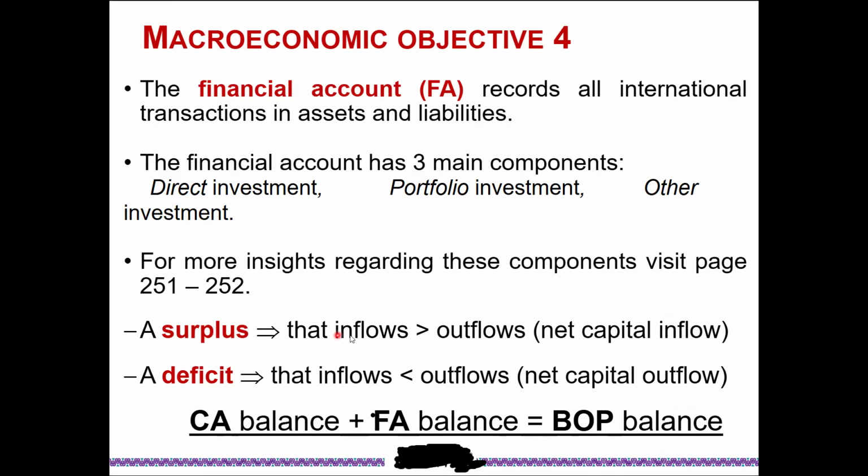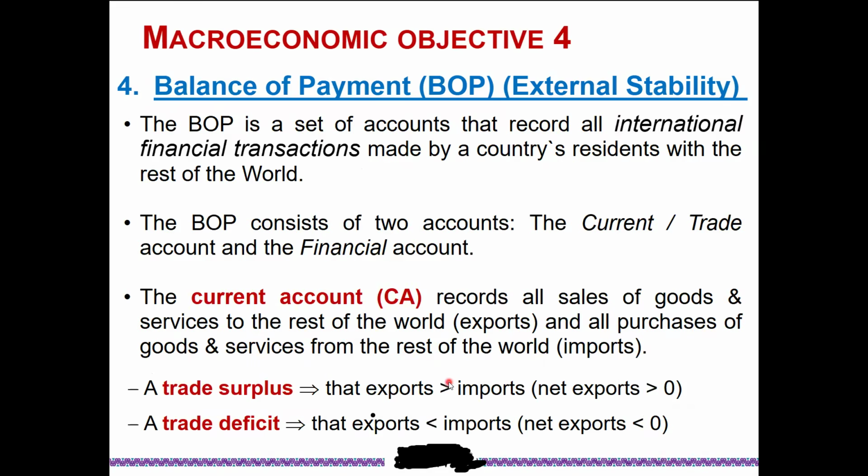You would have a surplus if the inflows are greater than the outflows, right? Or the net capital, where we have net capital inflows, right? There would be a surplus, but then there'd be a deficit if the inflows are less than the outflows. So if the question has exports and imports, then that speaks to what? To the current account.